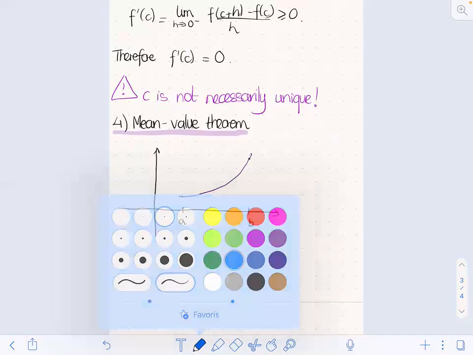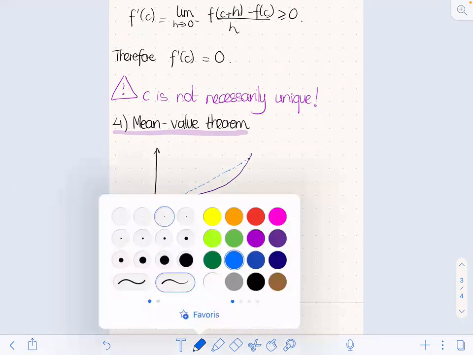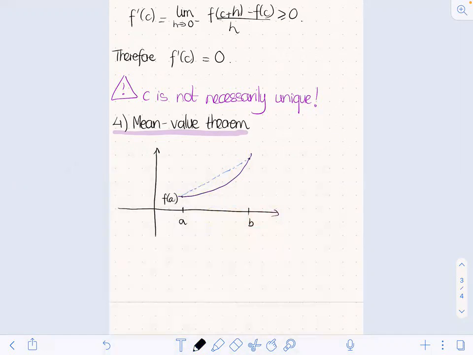What we can do here is have a look at the slope of the line that goes from A to B. The line in blue just links f of A, which is here, to f of B. And what you can see is that if you translate this line a little, you can find a point for which a line with exactly that slope is tangent to the curve of f.